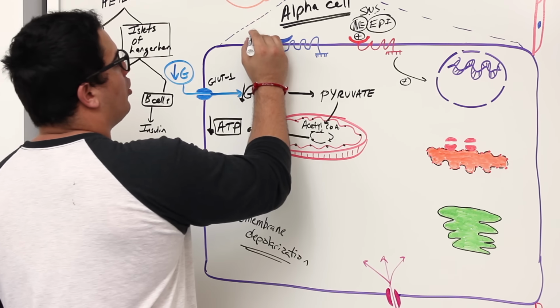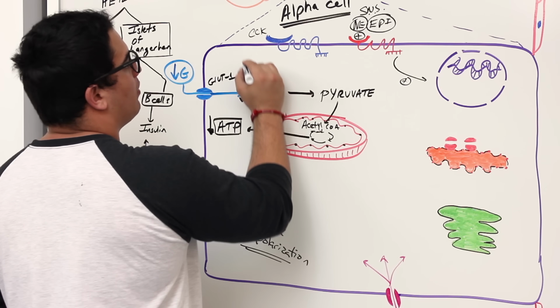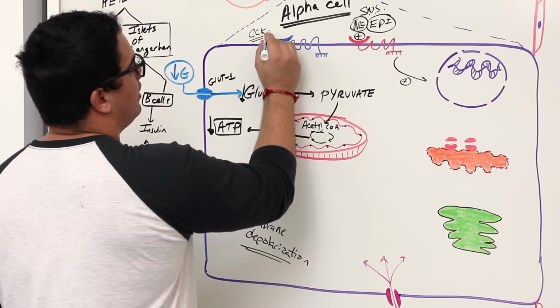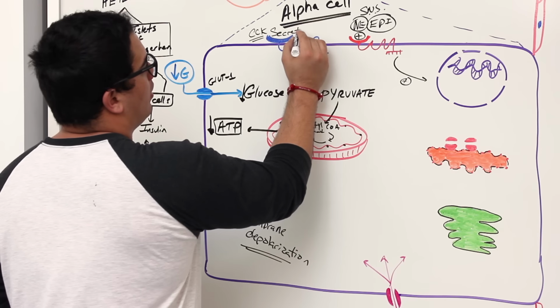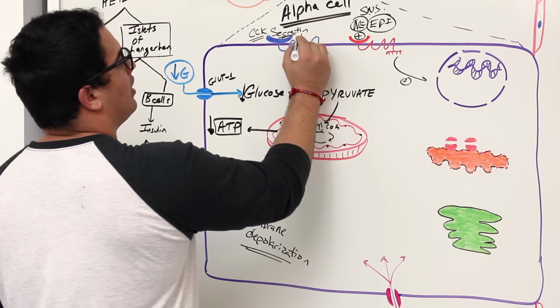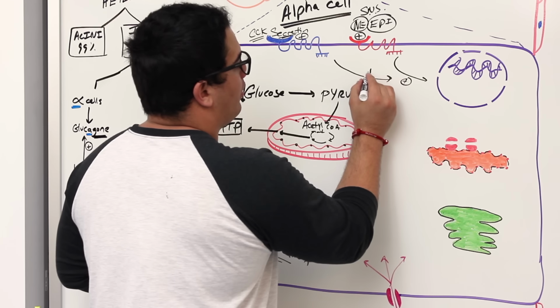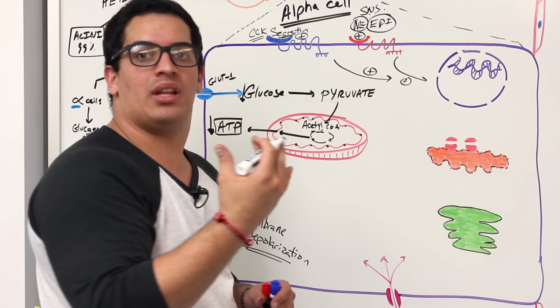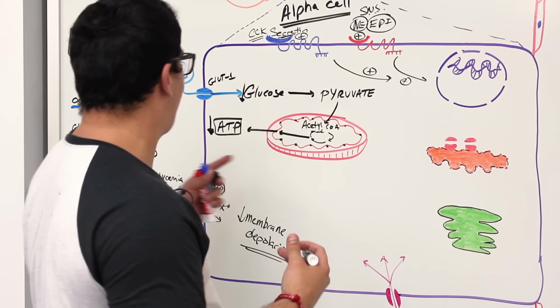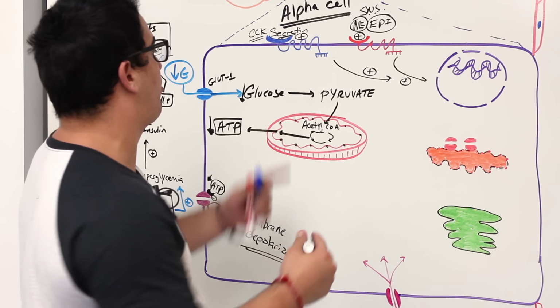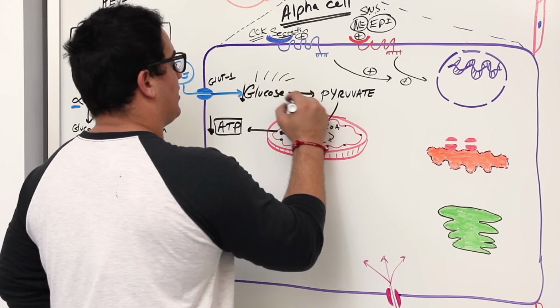They also say that it could be sensitive to cholecystokinin, which is a hormone produced by your intestine, and secretin, which is another hormone produced by your intestine. They say that they're also stimuli. Neither here nor there, though. Just to let you guys know, there are other stimulators of glucagon production rather than just low glucose levels. But this is the primary stimulus.